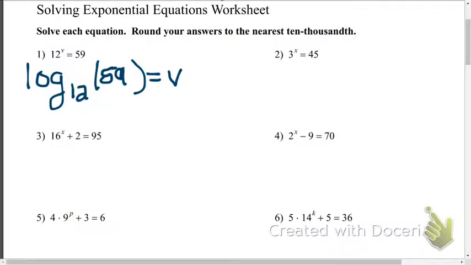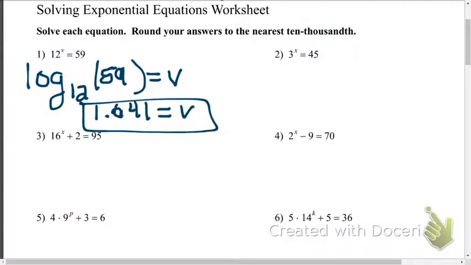I'm going to use my phone to hopefully figure this out, and we're going to just do it. You'd plug it into your calculator. You'd press math, go down to alpha, the A button, and when you plug it in, you get 1.641 is equal to v.